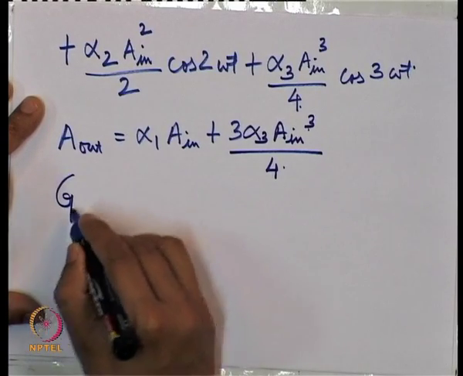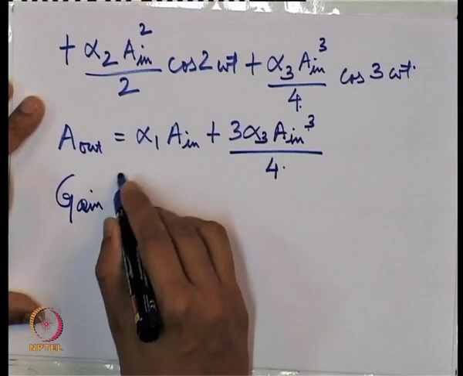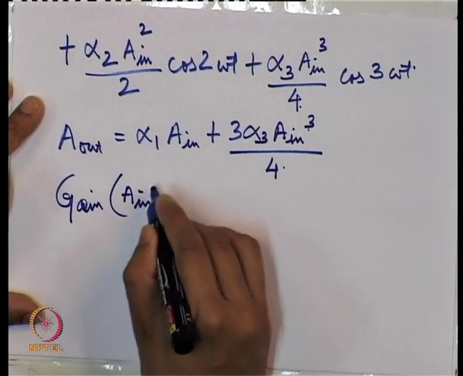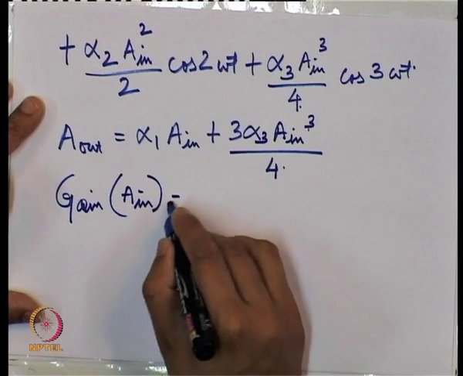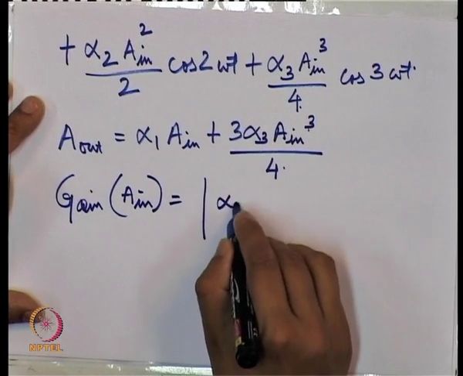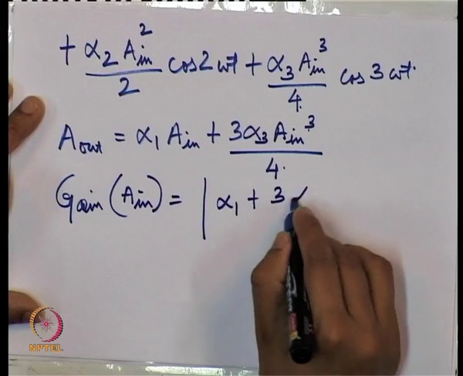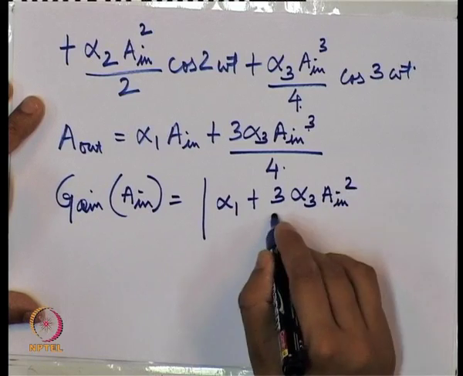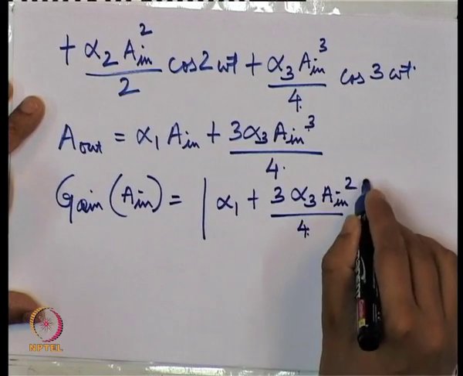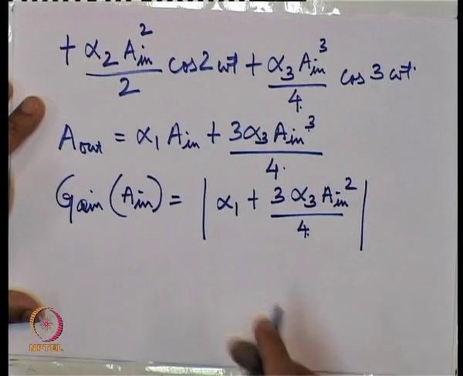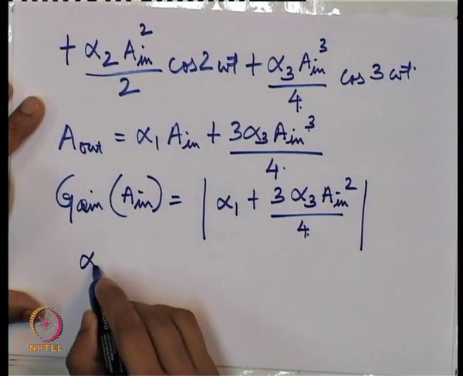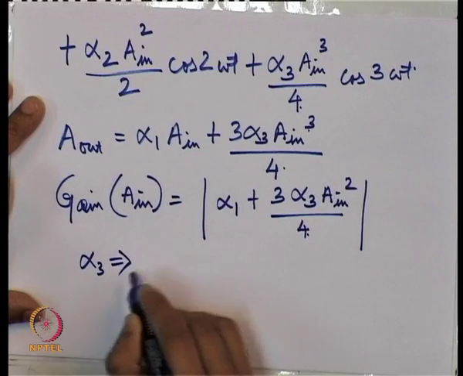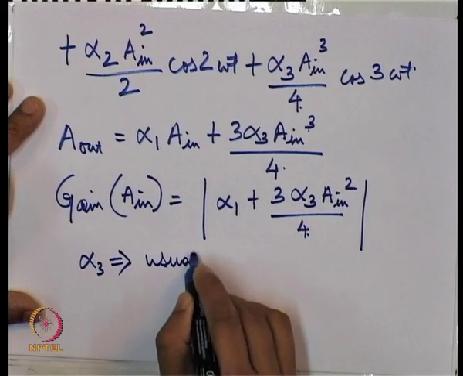And the gain at the fundamental frequency for a particular amplitude A_in will be equal to, now the thing with this alpha 3 is that it is usually negative.